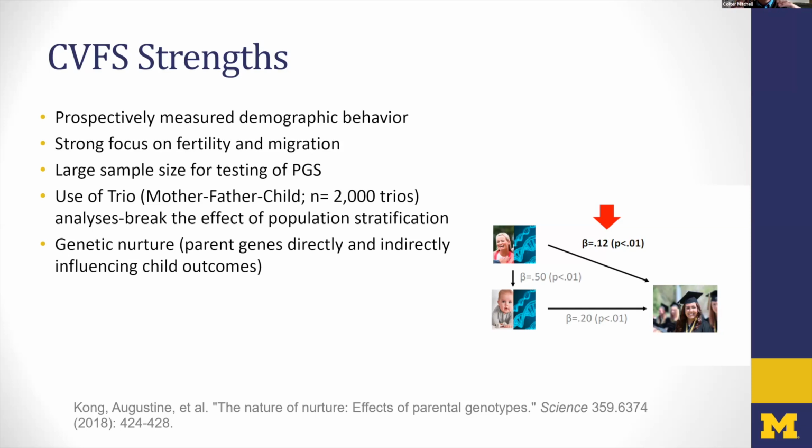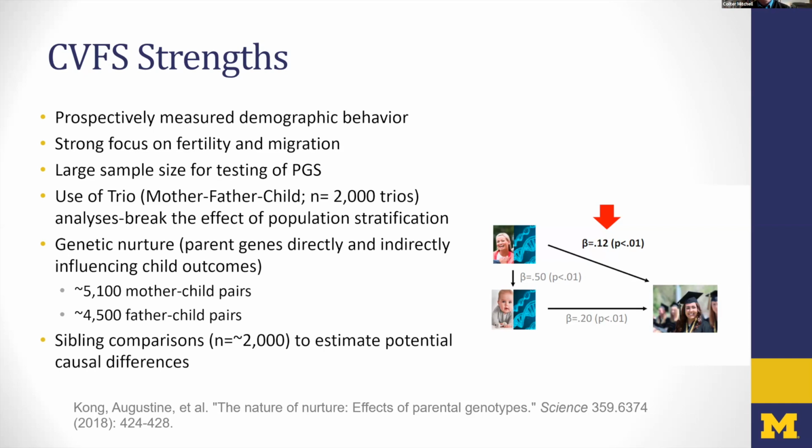And so there's this whole world of trying to tease out to what degree parents' genotypes influence children's outcomes through giving their own genes to them or through the creation of an environment that then influences it. So I think there's a lot of work to be done here. It's a very exciting time, and there aren't very many studies that can do this right now. And in this case, we have over 5,000 mother-child pairs and 4,500 father-child pairs.